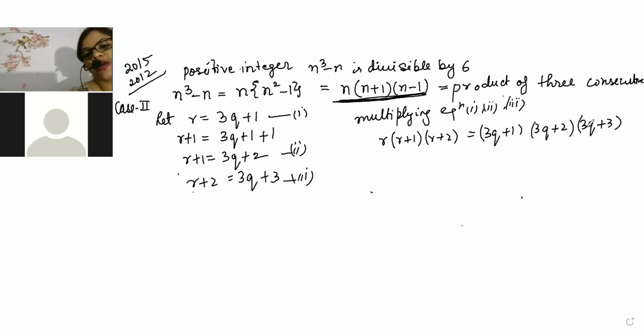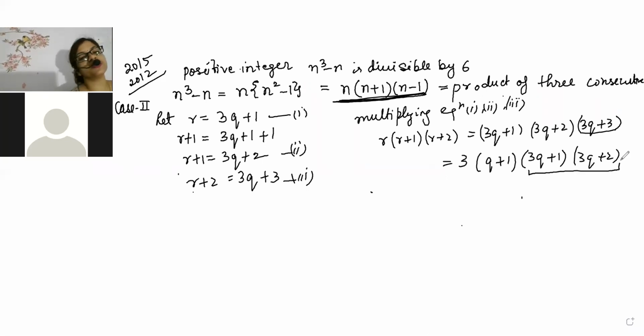So now beta, from 3q plus 3 we will take out 3. Then what is left? q plus 1, and again 3q plus 1 and 3q plus 2 is there. And what have we assumed for 3q plus 1 and 3q plus 2 beta?